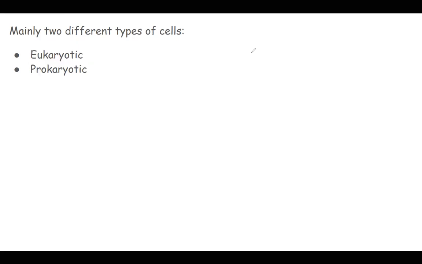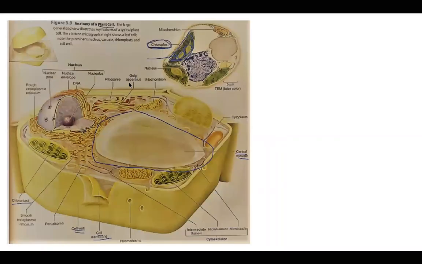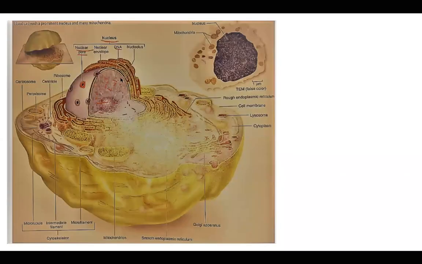First we'll be talking about animal cells, a type of eukaryotic cell. Here is the animal cell, a eukaryotic animal cell.